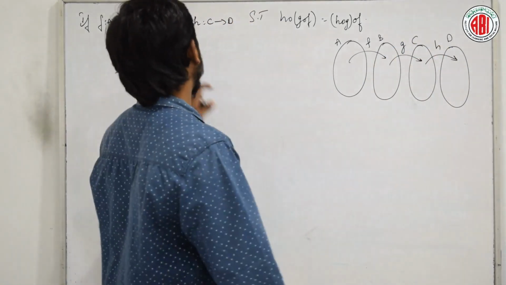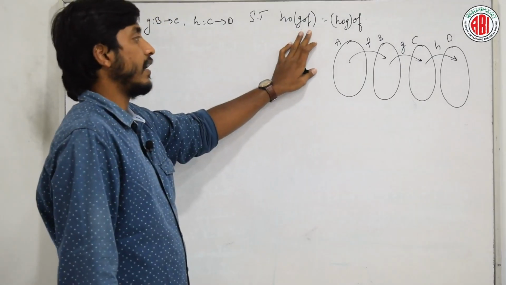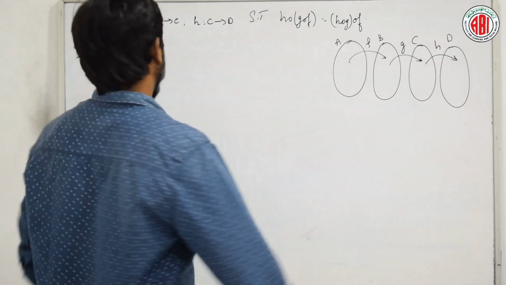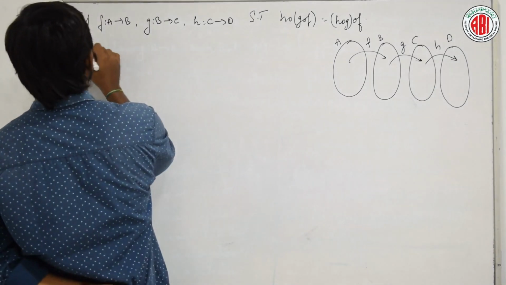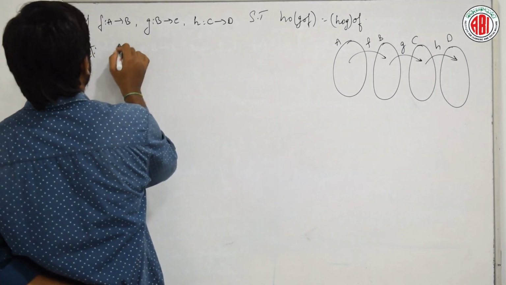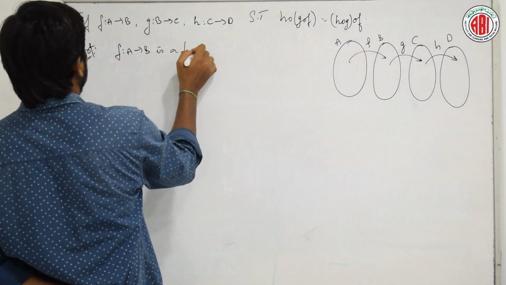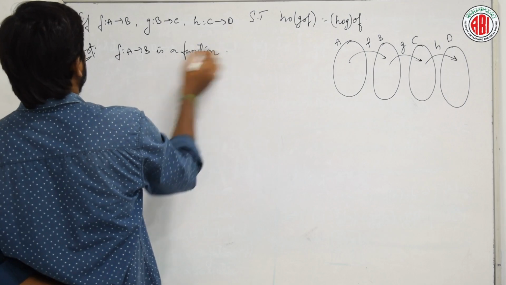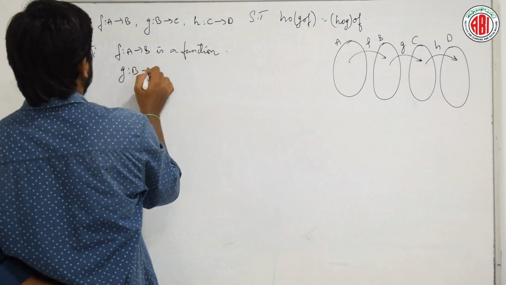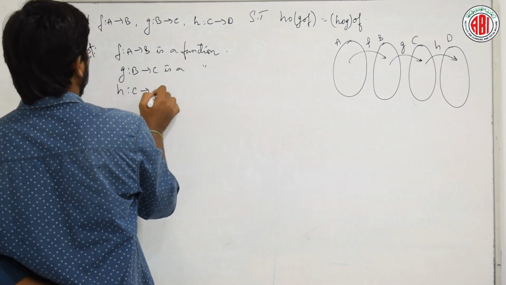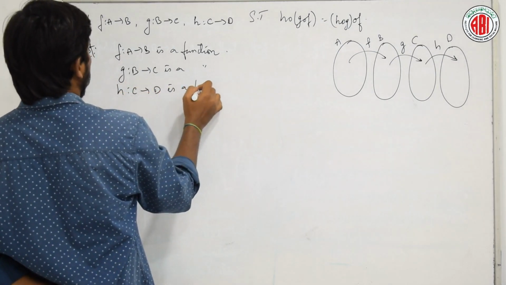Then he is telling that h circle g circle f. From where does it map? Let us write. F maps A to B is a function. The next, g maps B to C is a function. The next, h maps C to D is a function.